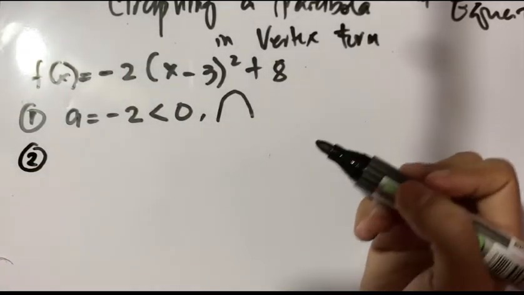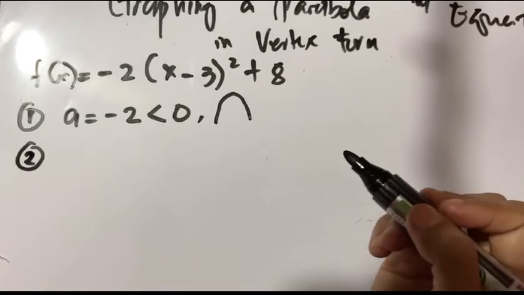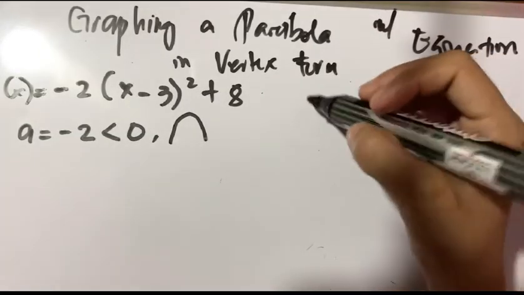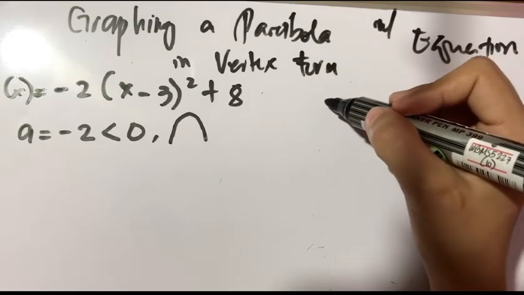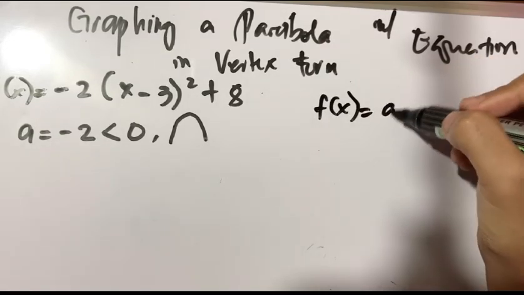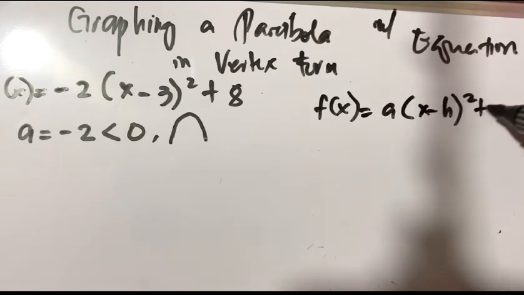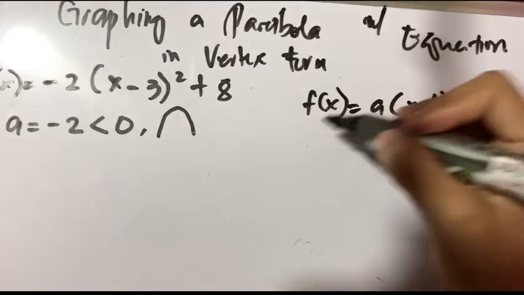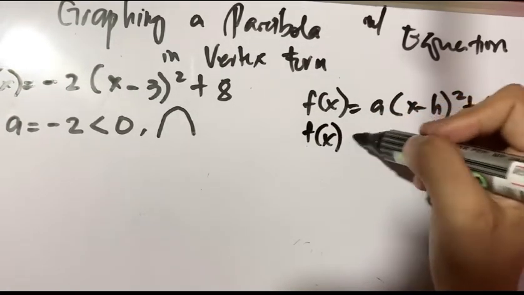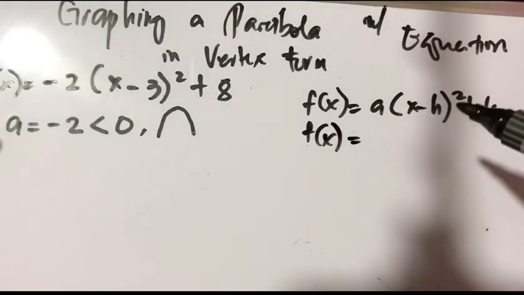Now, the second step is to determine the vertex of the parabola. The original form of the vertex form is written as f of x equals a times x minus h squared plus k. So, let us try to rewrite this given function. From f of x, we copy the whole term to the right side.